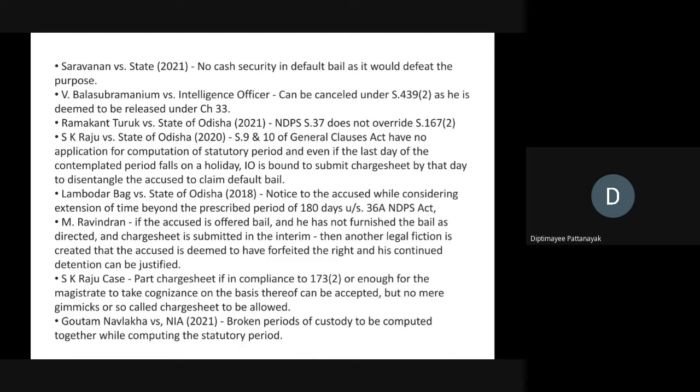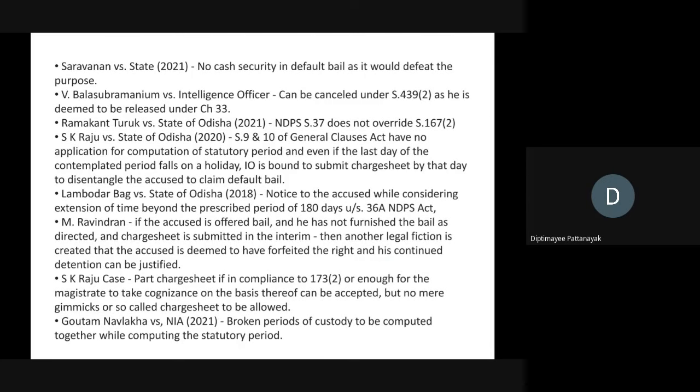So if that falls on a holiday, can the IO avail another extra day, that is on the 61st day or 91st day or 121st day, as the case may be, and file the charge sheet, and it will still be okay, and the accused can still be detained in custody for the one extra day?